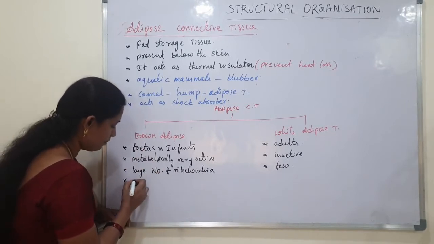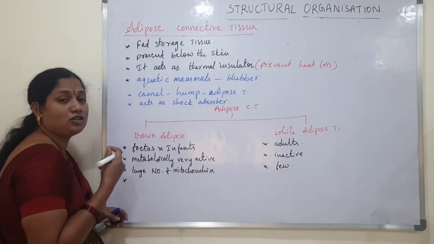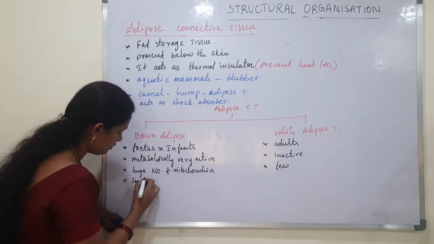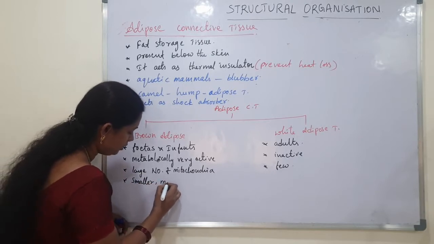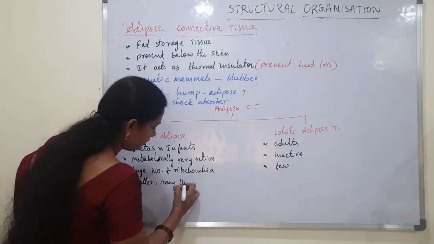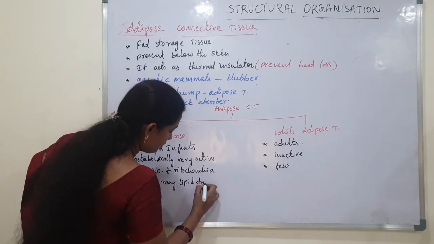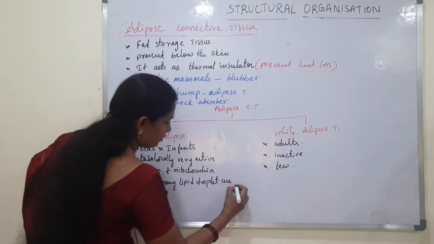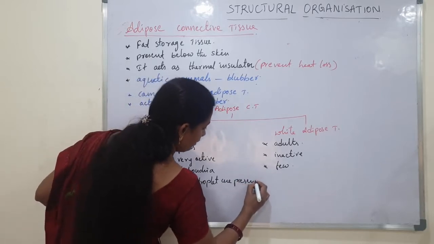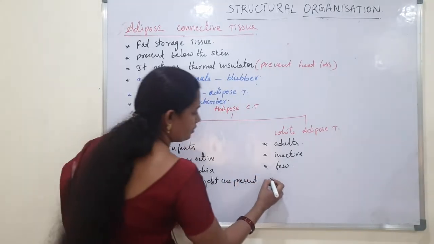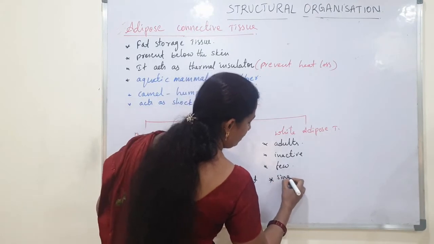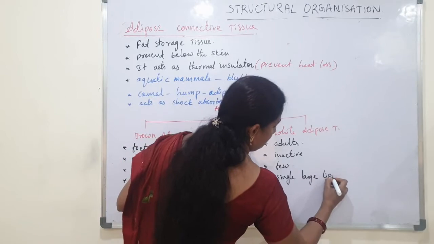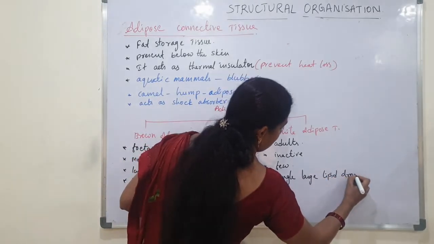Next, in brown adipose tissue the lipid droplets are smaller and many. Here, in white adipose tissue, only one single large lipid droplet is present.